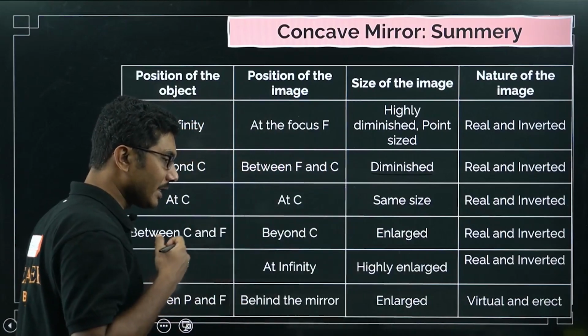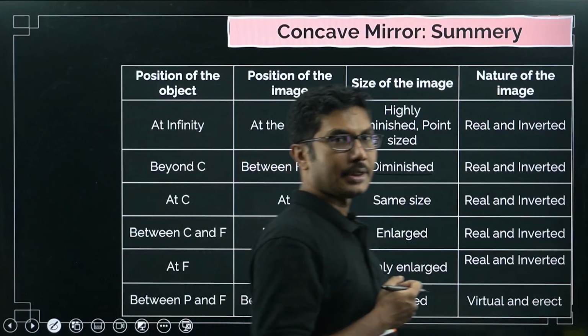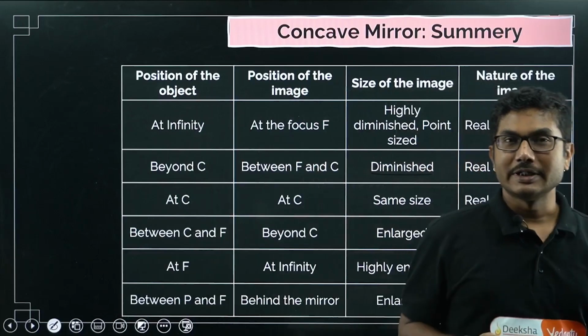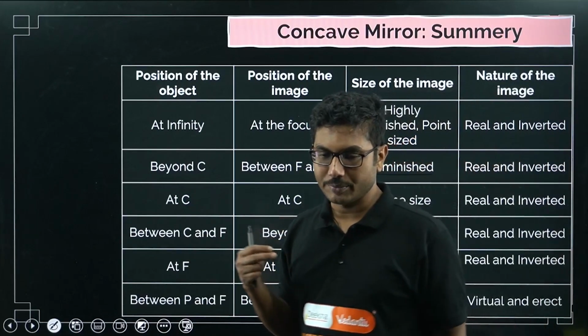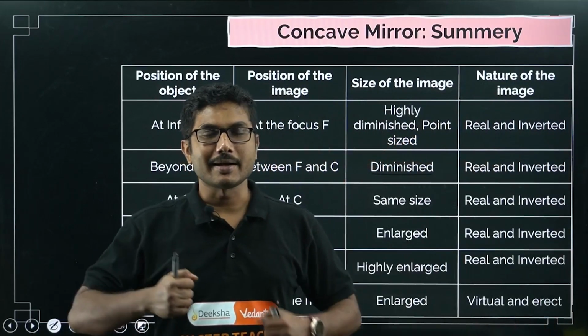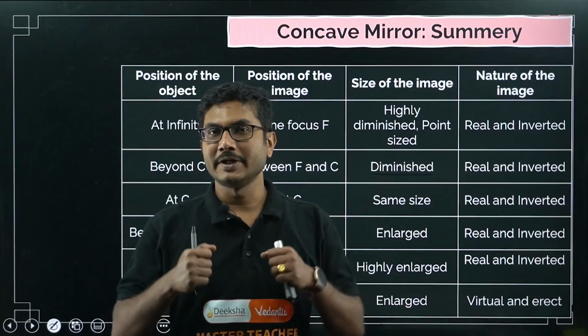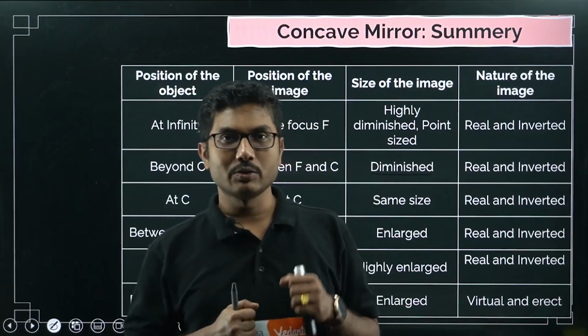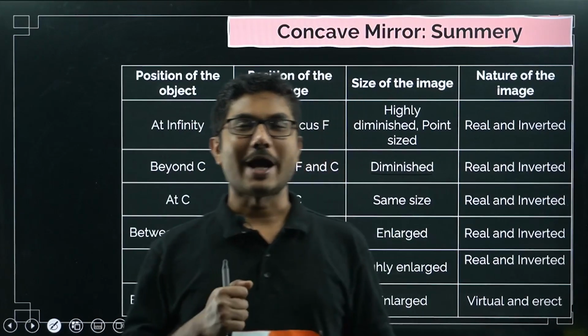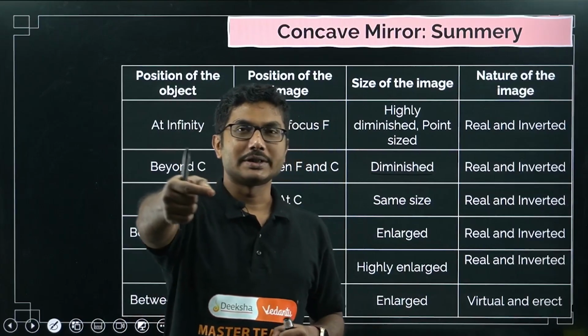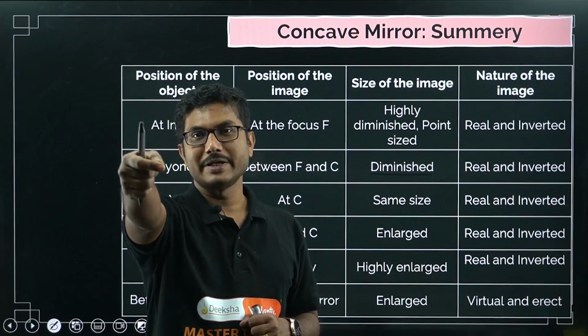So as the object is slowly walking towards the mirror, you will see that, so initially when it started at infinity, suppose the object is like a man, it started at infinity, it slowly started walking towards the mirror. Okay, so at infinity his image was at focus and it was very small.